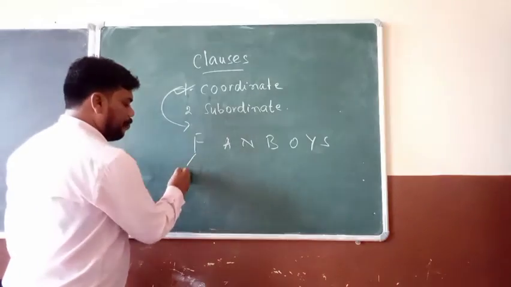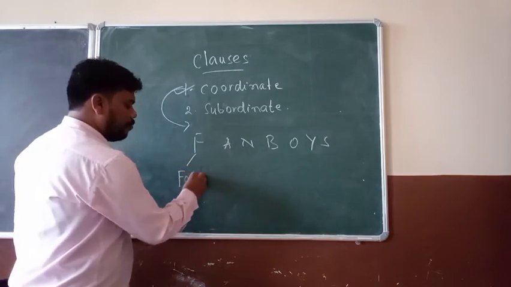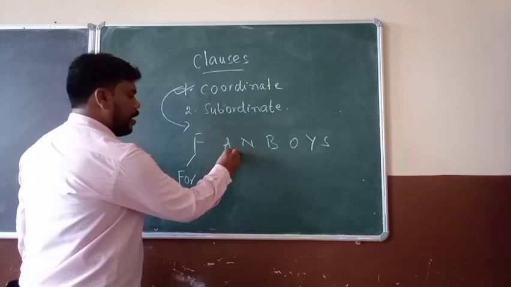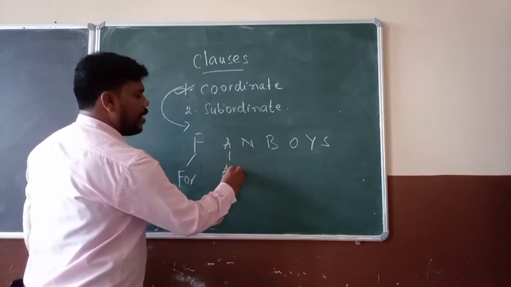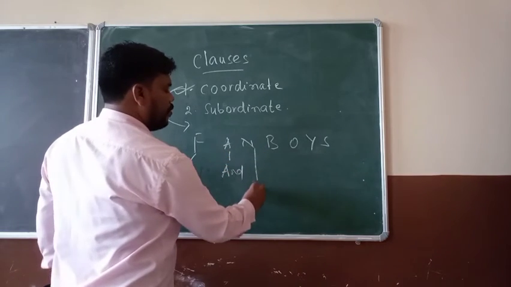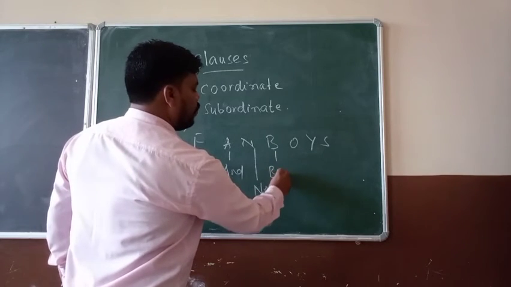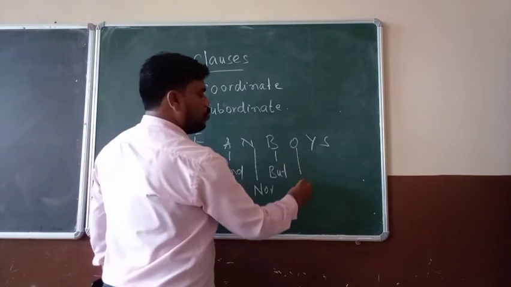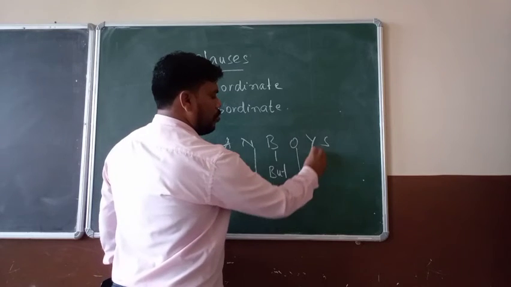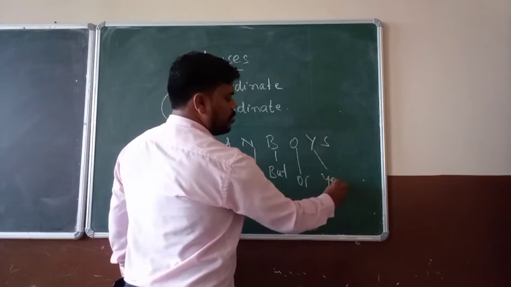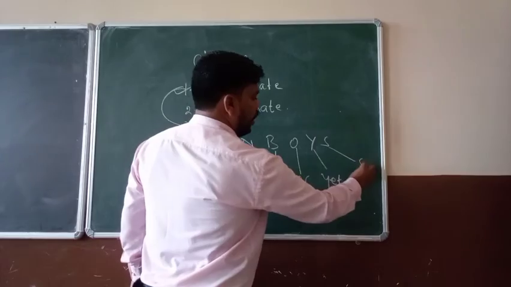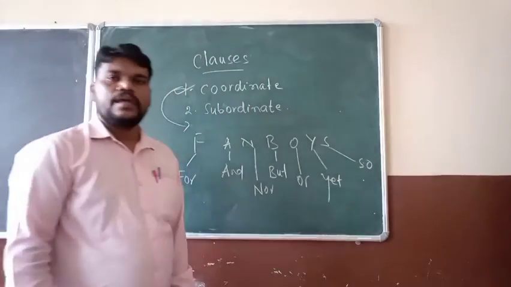First one, F stands for for, A stands for and, N stands for not, B stands for but, O stands for or, Y stands for yet, and S stands for so.